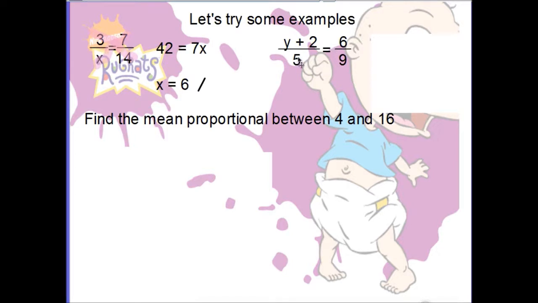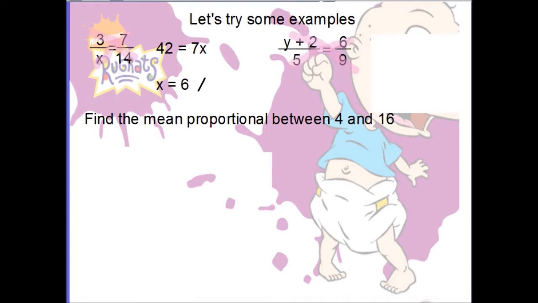For our second example, we have y plus 2 over 5 equals 6 over 9. Again, if you want to reduce, you absolutely can, but it's not necessary. So we cross multiply once again. That y plus 2 gets multiplied with that 9, and that 5 gets multiplied with that 6.